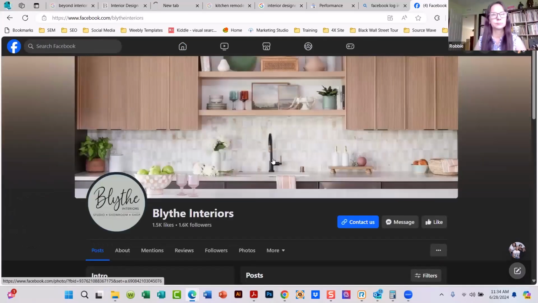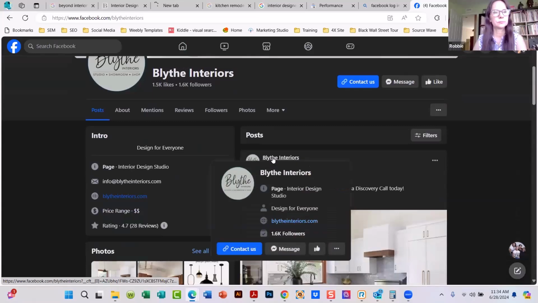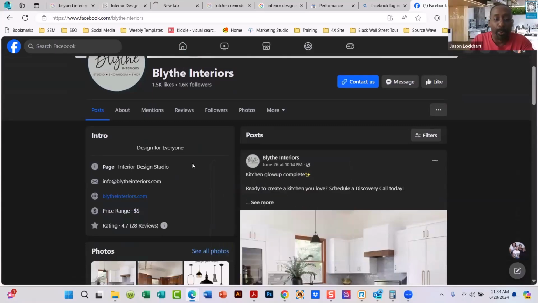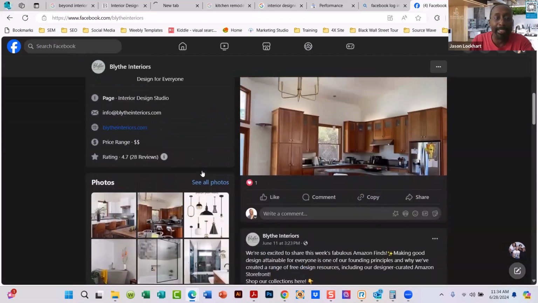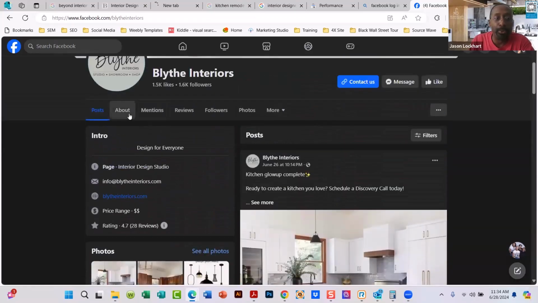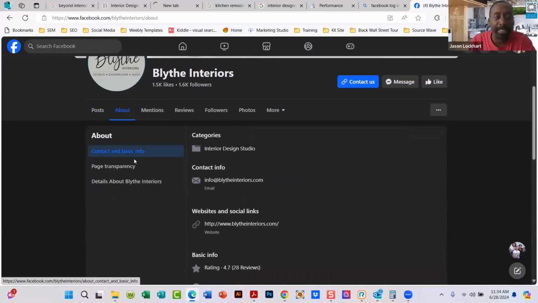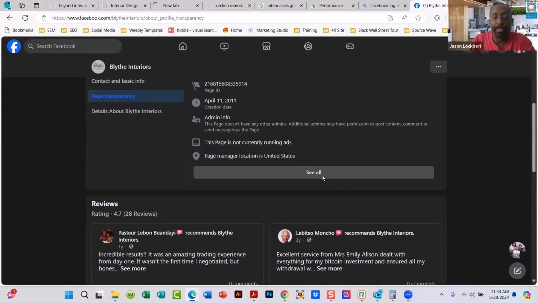Okay. So now we can look here, and remember this is when we went through social media. So you can look and get into the about area, go into page transparency, see all, and then the ad library.